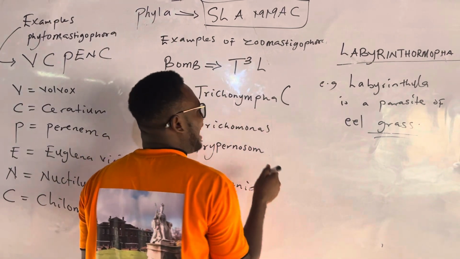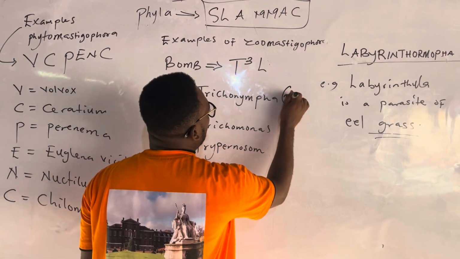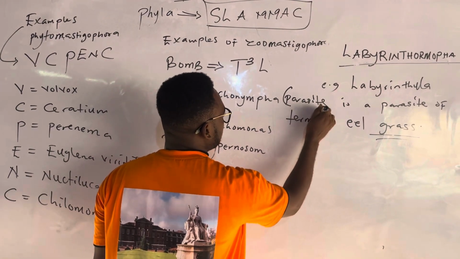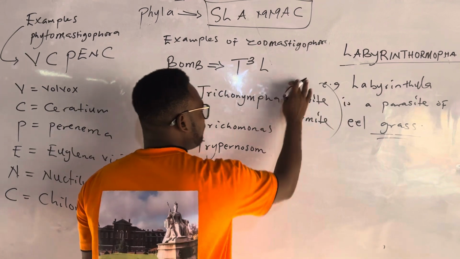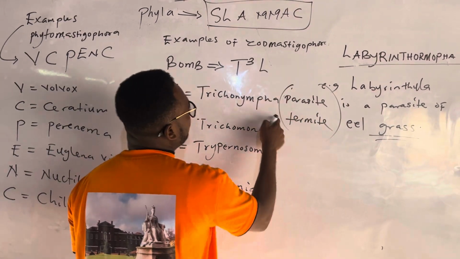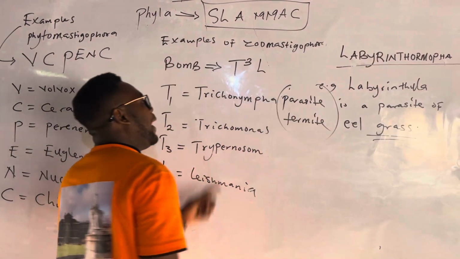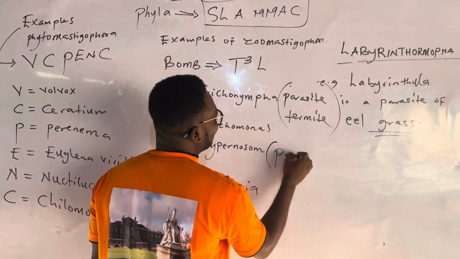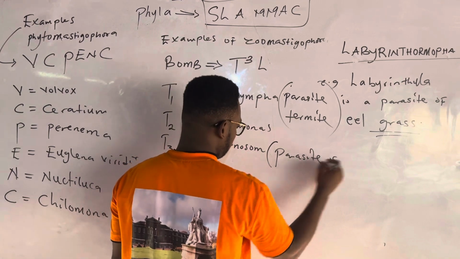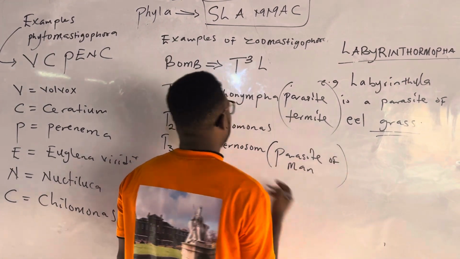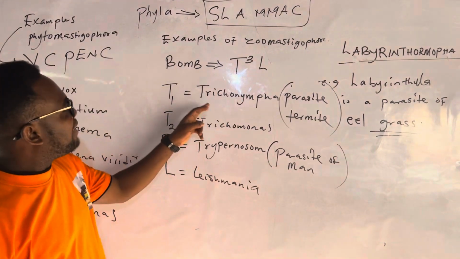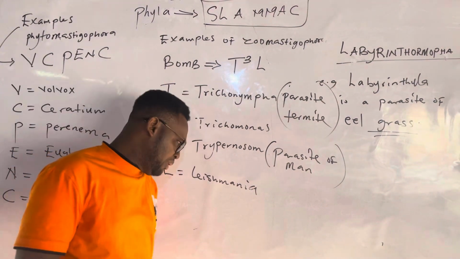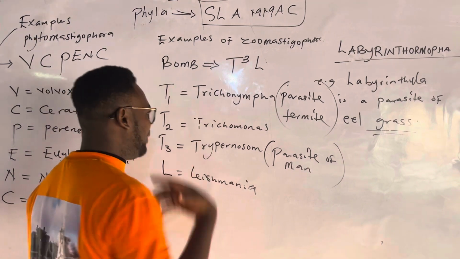Trichonympha is a parasite of termites. This one is well known, so the ones I'm giving you are the ones they will ask in the exam. Trichomonas is a parasite of man. These other two are parasites of both vertebrates and invertebrates. Of course, all of them here are parasites.